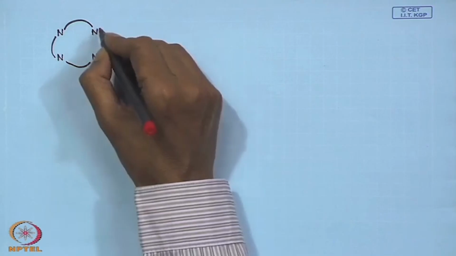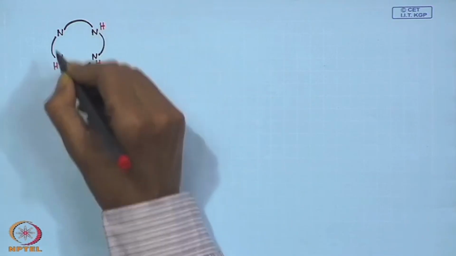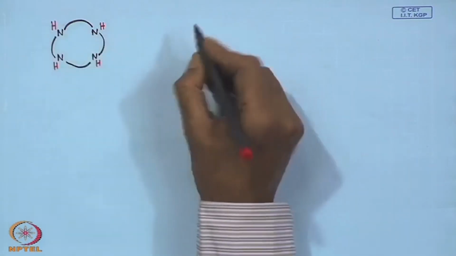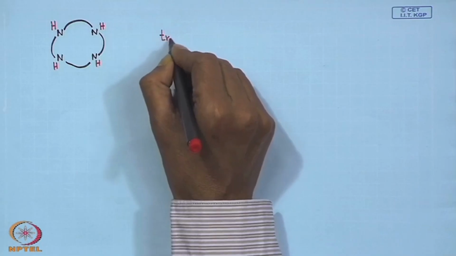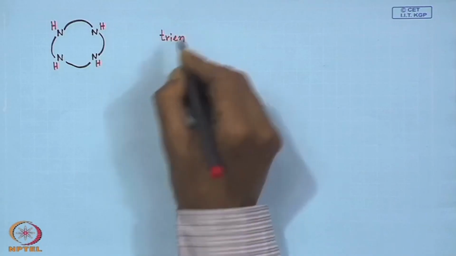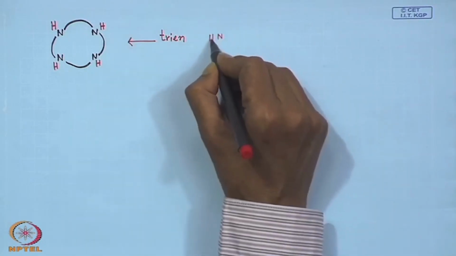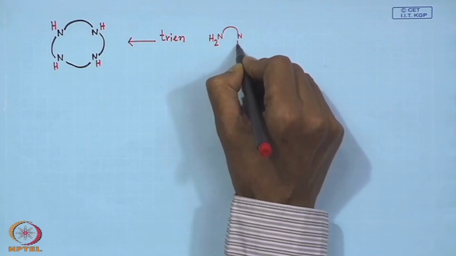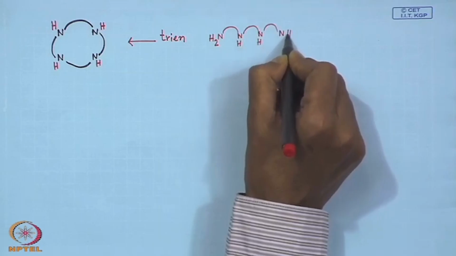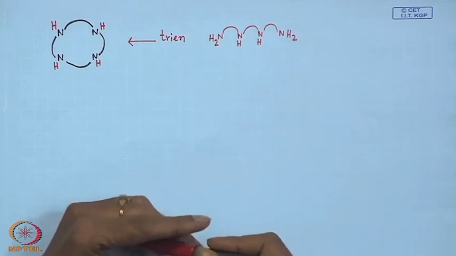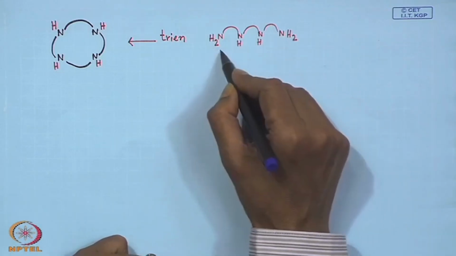This can be derived if these are all NH, like taken from diethylene triamine. So, this can be obtained if we consider the triene backbone. The triene was NH2, NH, NH and NH2.